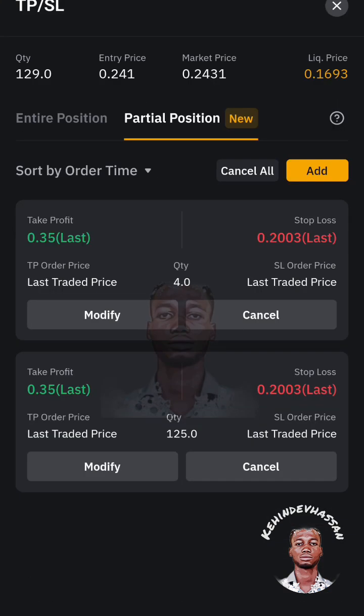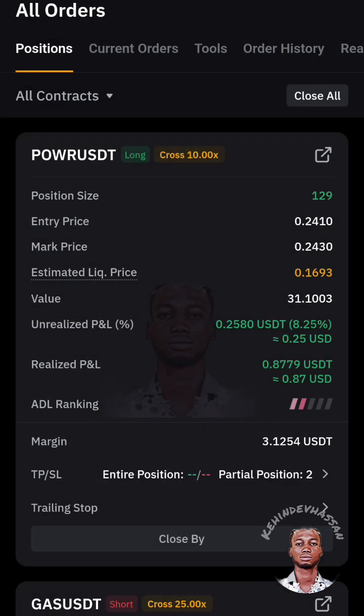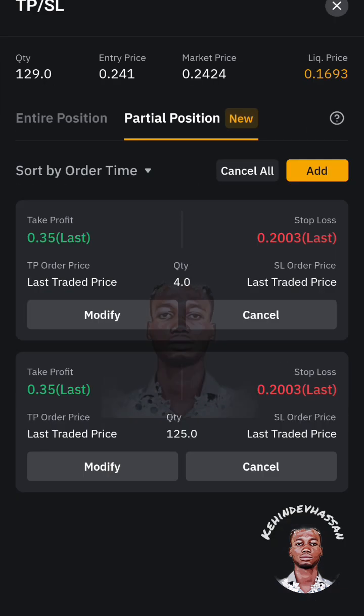This is a list of all our orders, our first and second order. This is the order we just made just now. The quantity is 4, which is based on the $1 that we added. This is a new order, and we are in profit on that already.